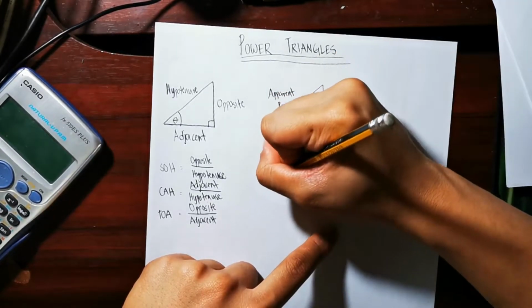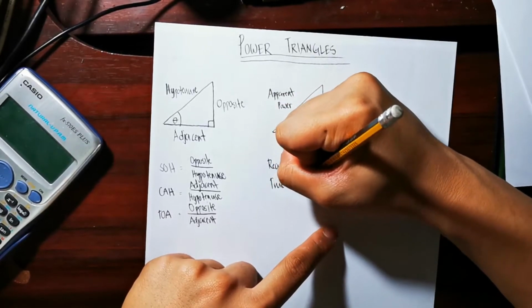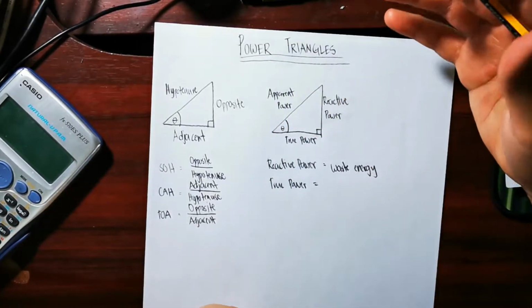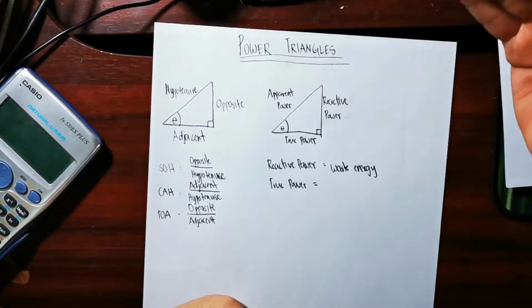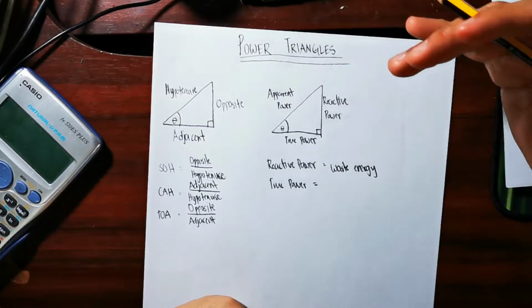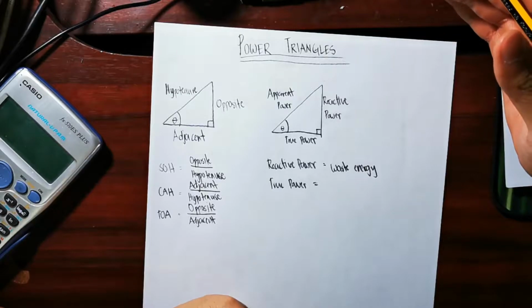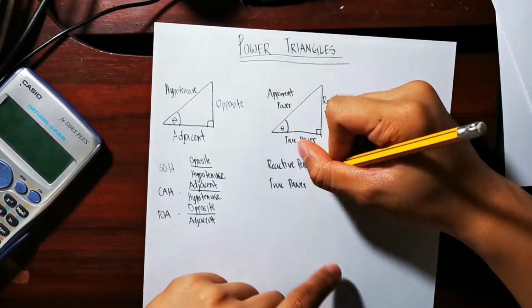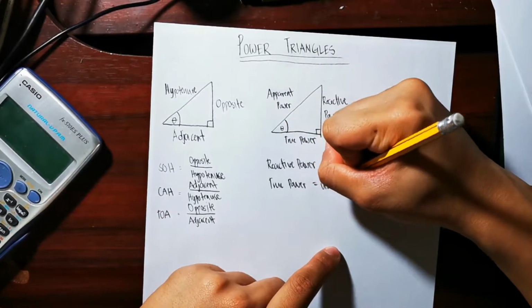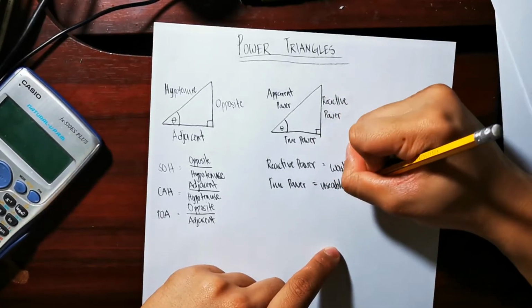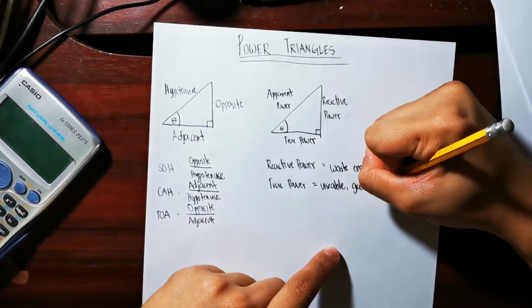And our true power is the type of energy that we use in order to power our electronic supplies and equipment at home. So this is a usable and good energy.